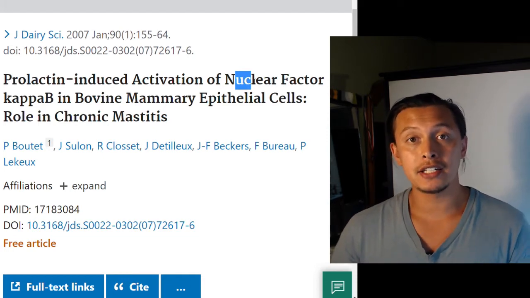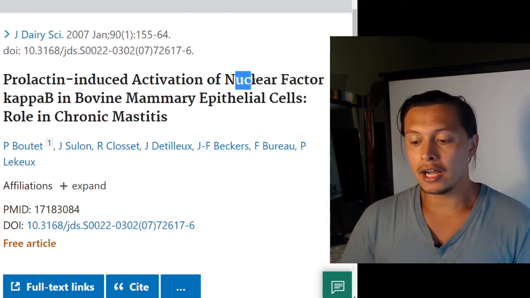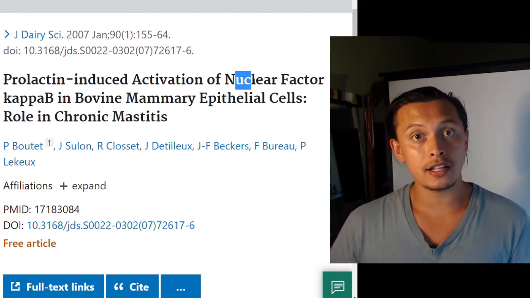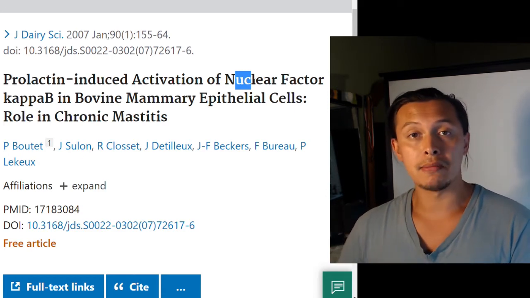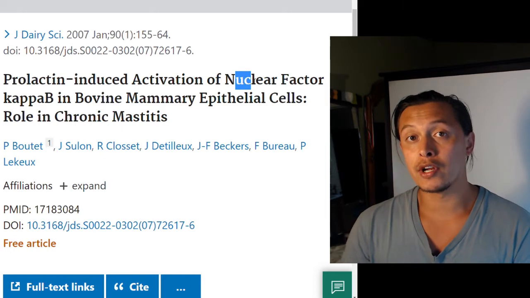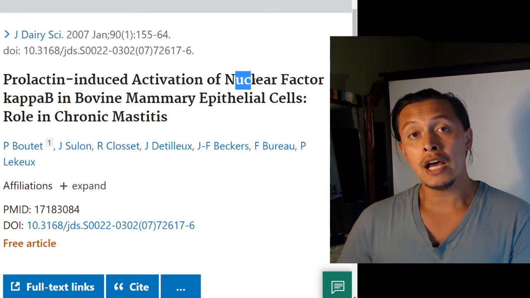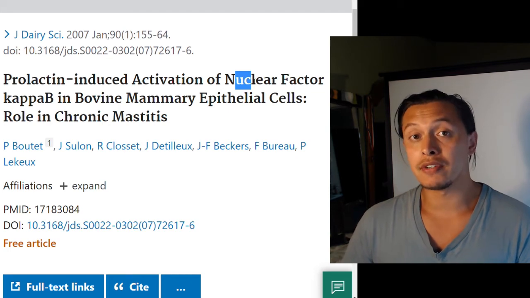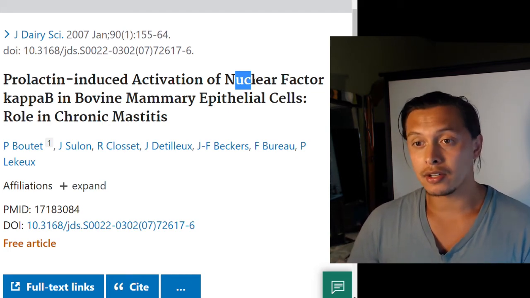By binding to DNA, it can promote the activation of certain genes. A lot of these genes tend to be pro-inflammatory genes. Some of them will cause differentiation of certain cell types, especially T helper 1 and T helper 17 cells, which are very pro-inflammatory T cells.